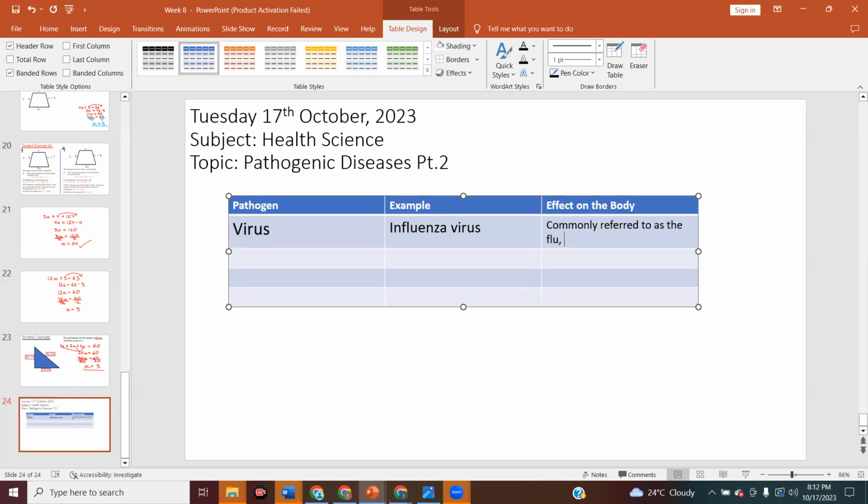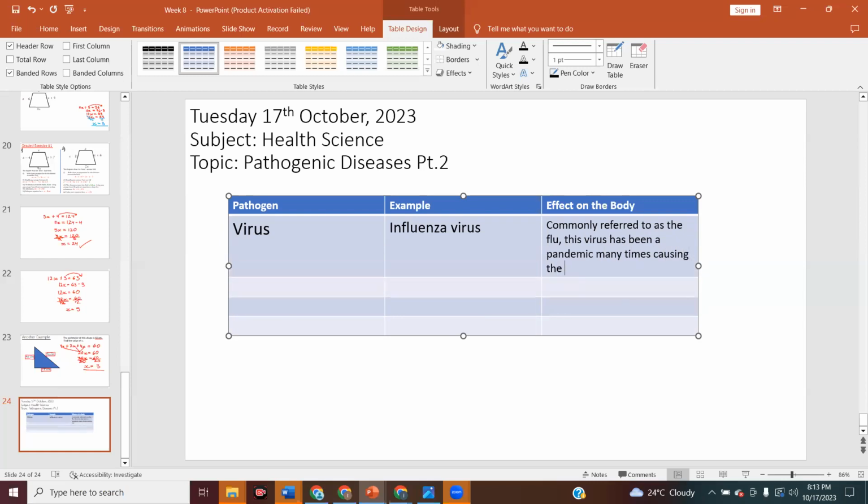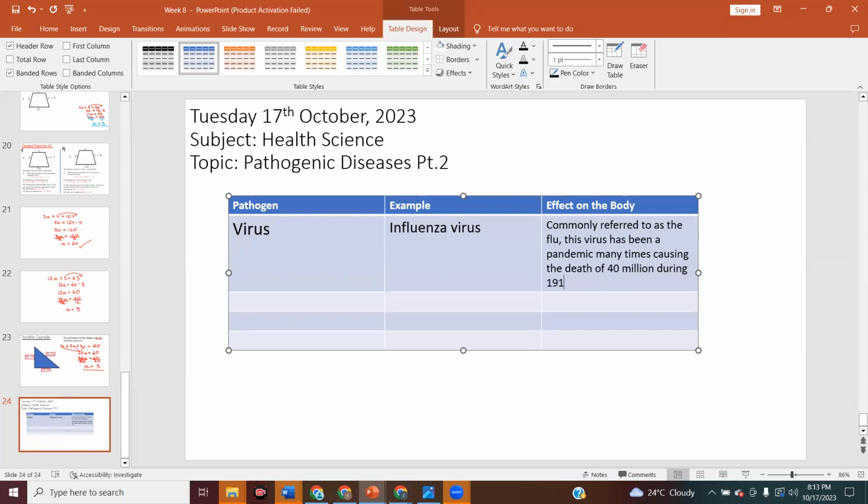that is some form of influenza, and this virus has caused a pandemic before. This virus has been a pandemic many times, causing the death of 40 million during 1918.